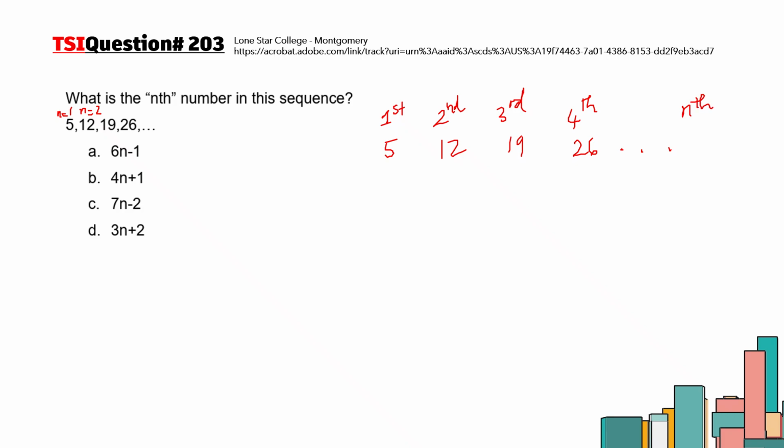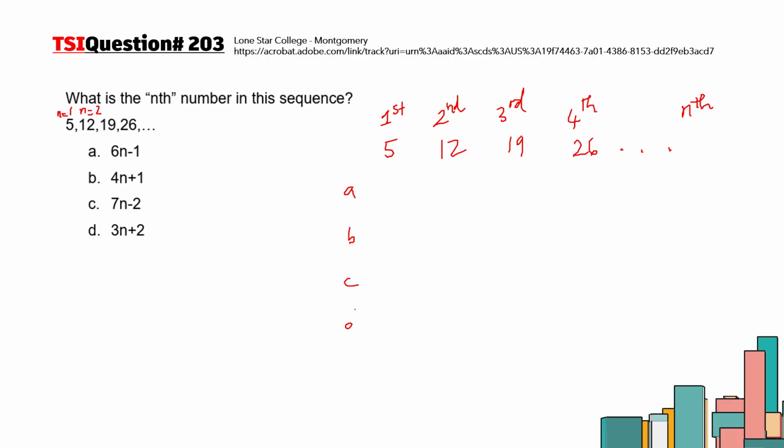So they will follow a pattern, and we have to find it. The easiest way is just to plug in. At n equals 1, if you get 5, then that's most likely the correct answer.